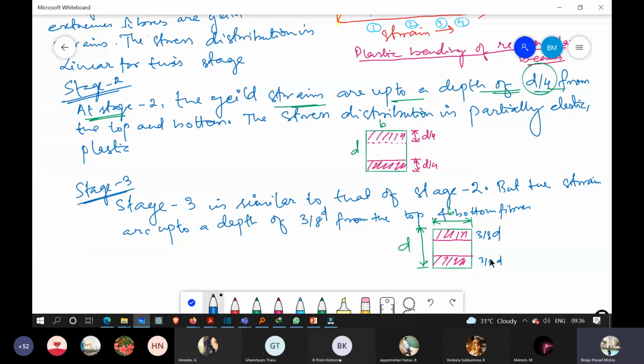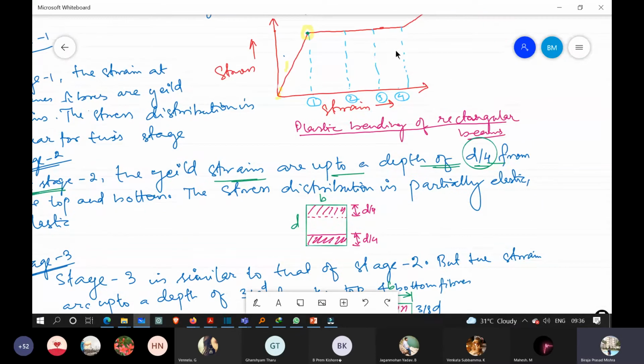Now let's talk about what happens from stage 4. The strains are for full depth.